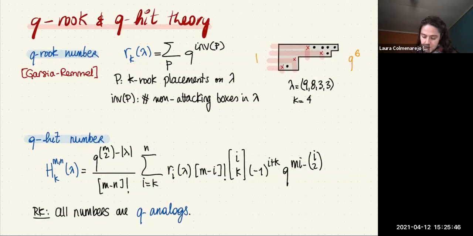So if I want to look at R_4 of lambda, I'm going to be looking at all the possible ways of putting 4 rooks here, do the attacking, and then count the number of boxes that are not covered, and keep them as a power of Q.